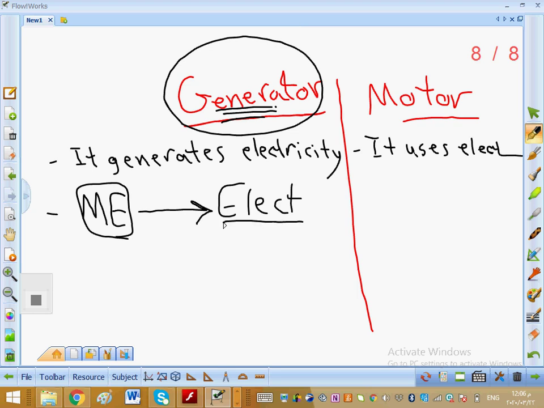A motor needs electricity, like fans, like any device that includes fans. It needs what? Electricity. So it changes electrical energy into mechanical energy.